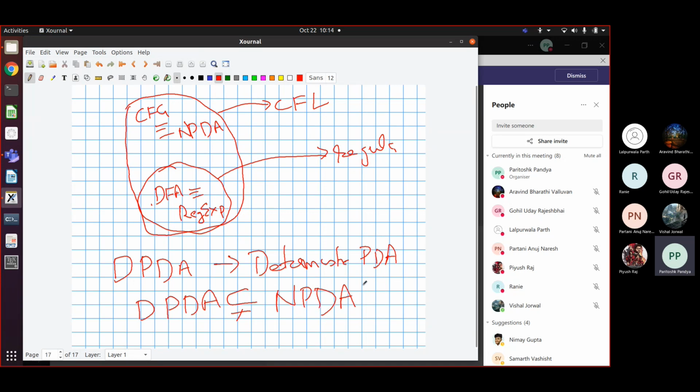It's a good question. There is a subset of NPDA called DPDA, and they recognize some subclass of context-free languages. These are called deterministic context-free languages, a subclass of CFL, okay?